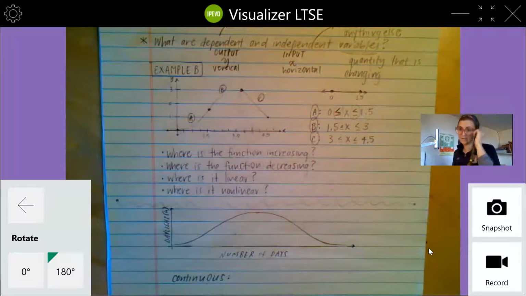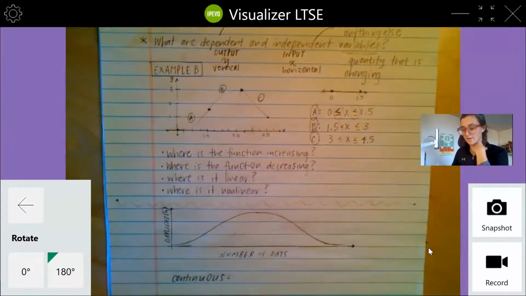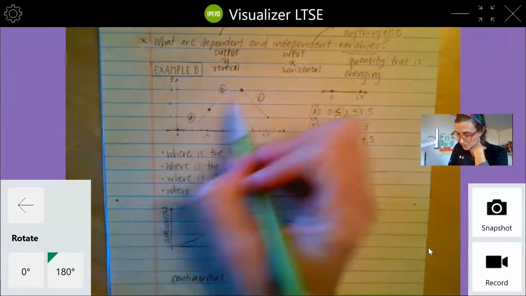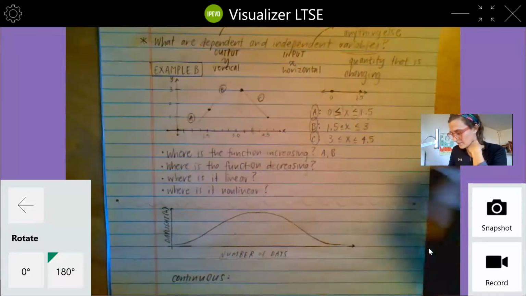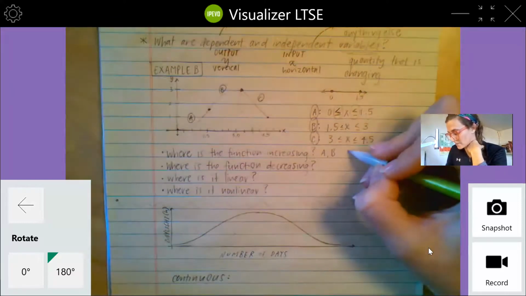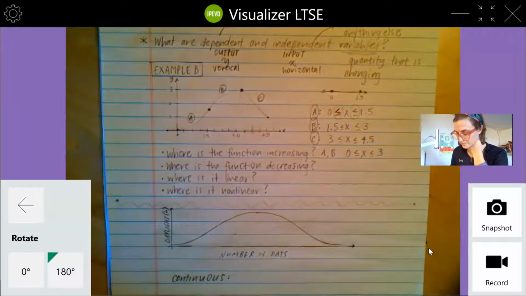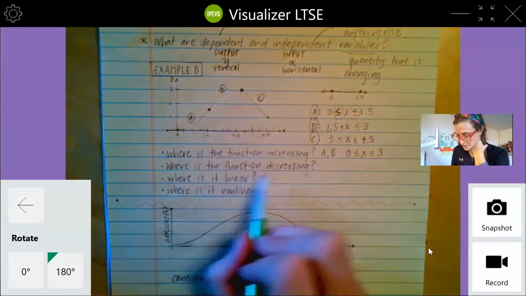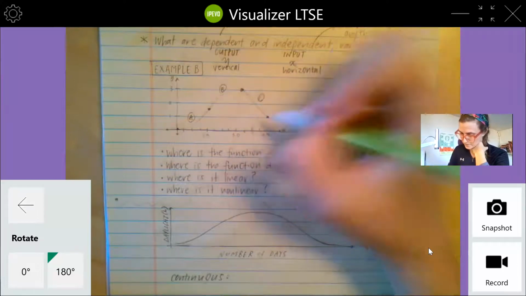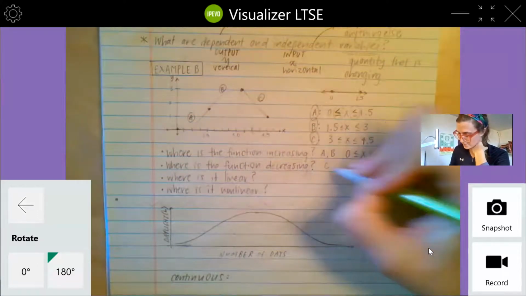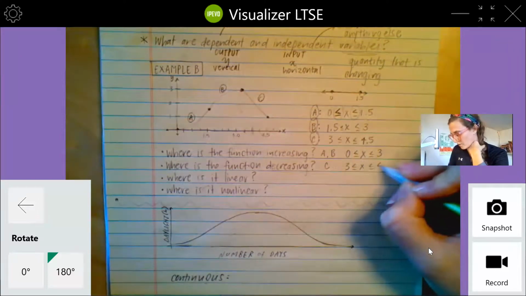All right, let's talk through this. Where is the function increasing? Where is it rising? Well, that's between here and here, so in intervals A and B. Another way to say that would be from 0 to 3. And where is the function decreasing? Well, it's decreasing right here in this portion. So that's in interval C, or from 3 to 4.5.